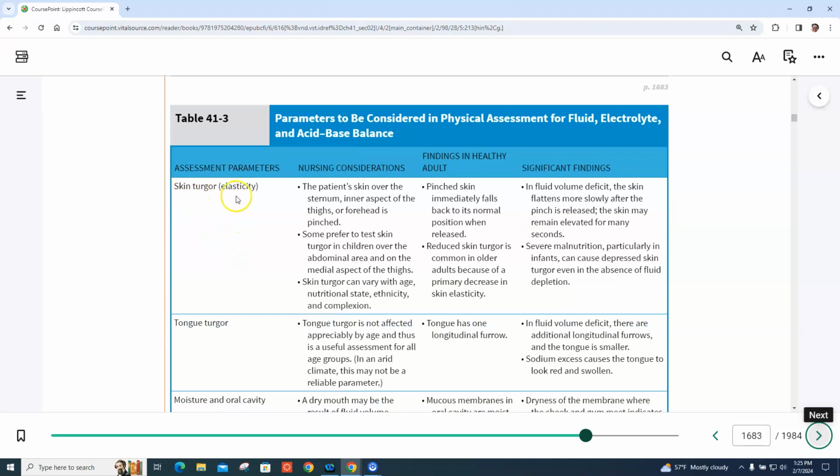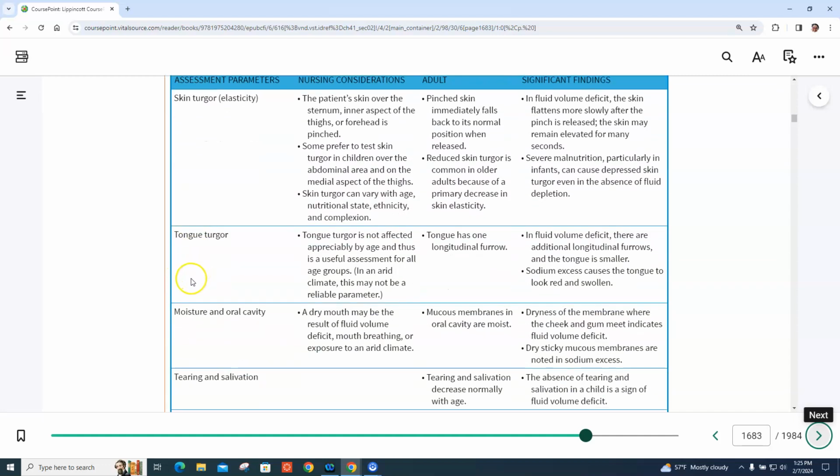So skin turgor is a huge, huge indicator of fluid volume status. It can show you if somebody is dehydrated, what we call tenting. When you pinch the skin and it stays up and it tents, that means somebody has poor skin turgor.